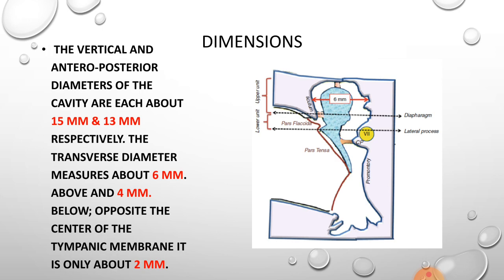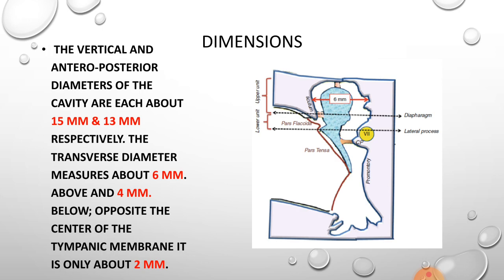Okay, now talking about the dimensions of the middle ear cavity, you can see roughly in this figure the shape of the middle ear cavity. The vertical and the anteroposterior diameters of this cavity are about 15 millimeters and 13 millimeters respectively.